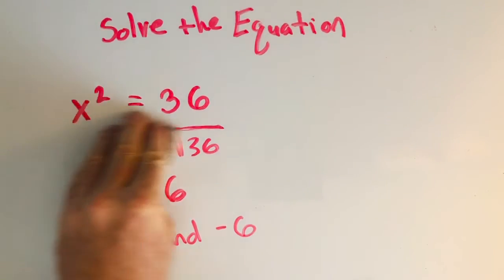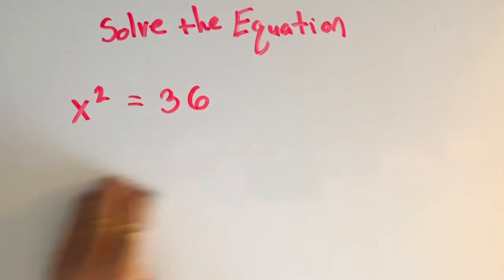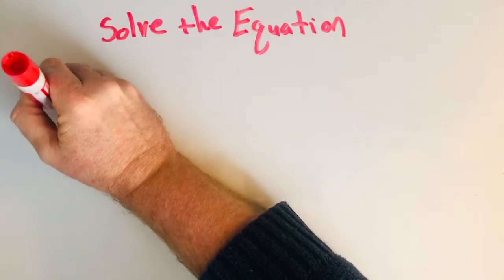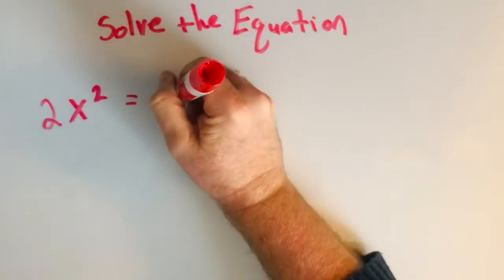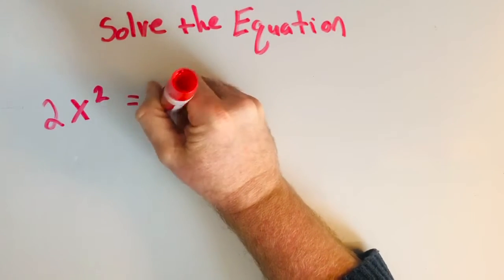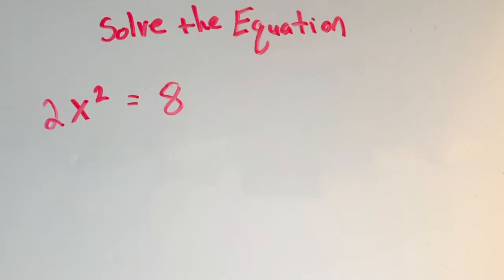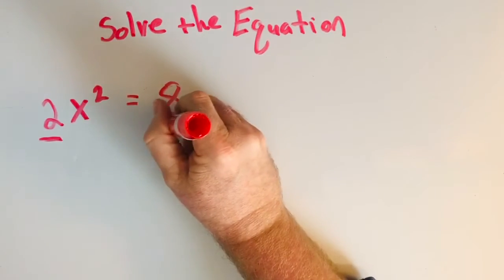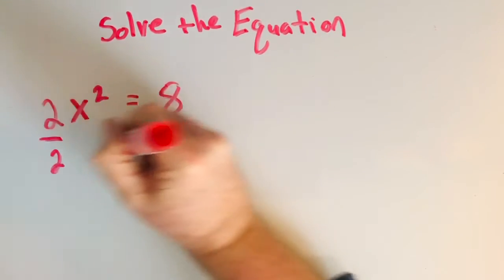But let's say we have a situation like this, where it's 2x squared equals 8. All right? Now, I need to get x by itself. So what I'm going to do is divide both sides by 2.